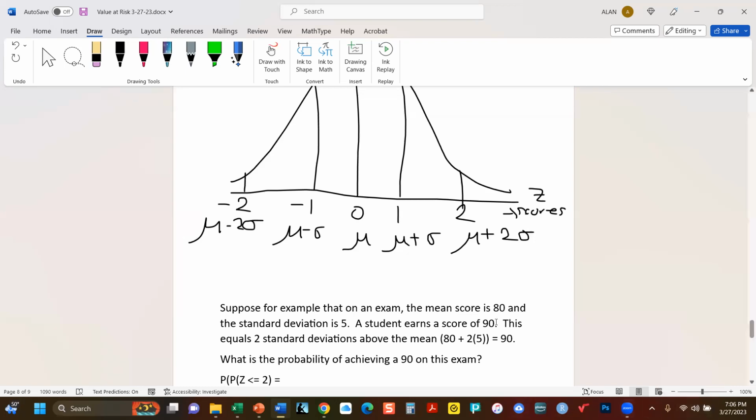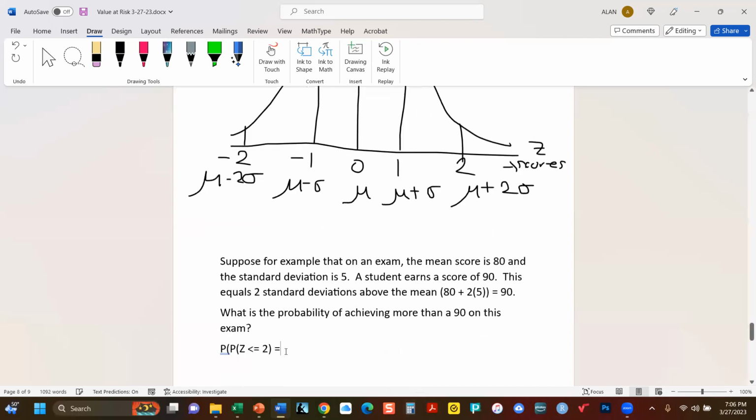Actually, I shouldn't write it that way. More than a 90 on this exam is what we're actually looking for. So we're looking for greater than 2. A score greater than 90, which could be represented by X, is the same thing as saying, what is the likelihood that the z-score is above 2?